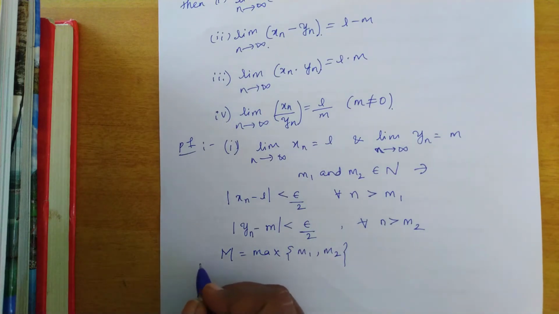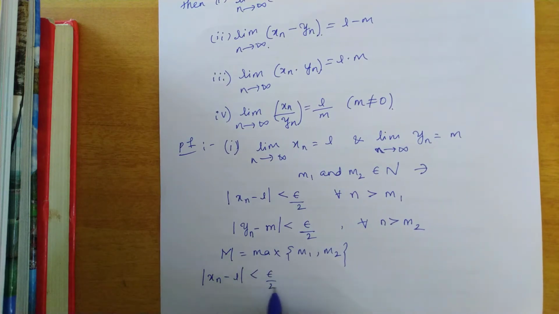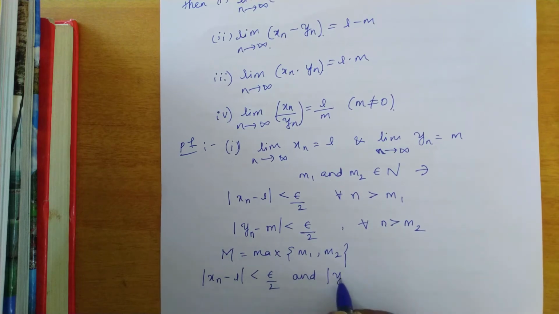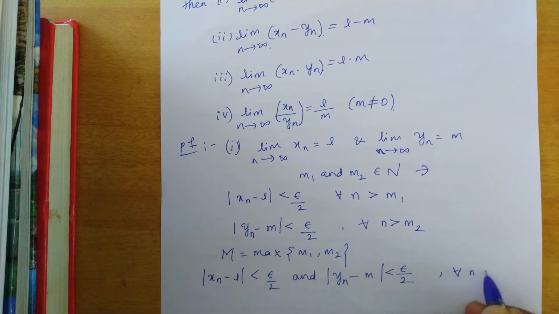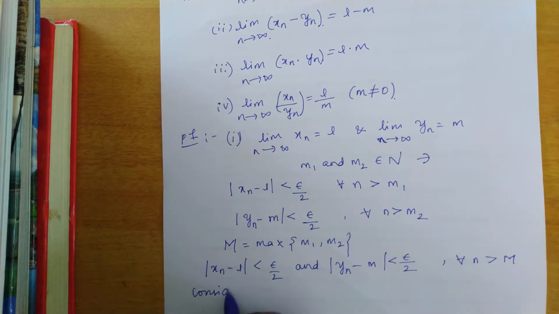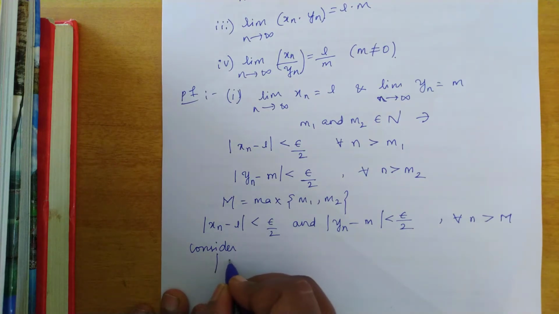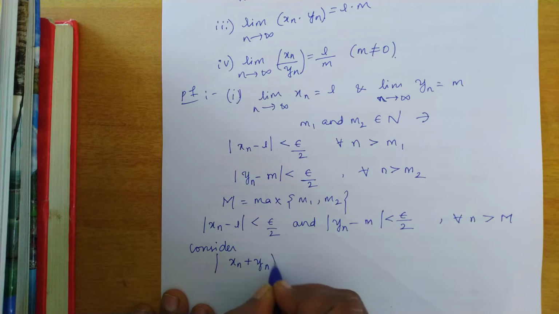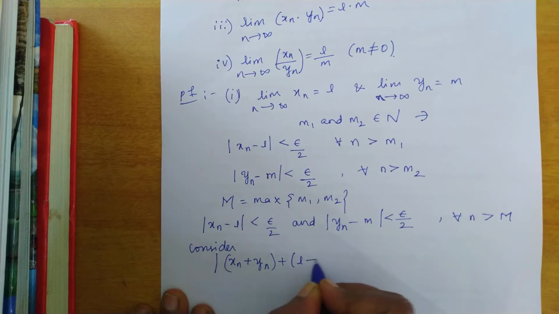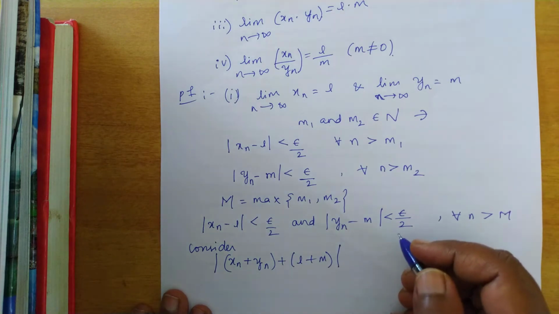Since we know that modulus of xn minus L is less than epsilon by 2 and modulus of yn minus M is less than epsilon by 2, this holds for all n greater than M. It satisfies this condition, right? So now let me consider modulus of xn plus yn minus of L plus M. So what do I get?